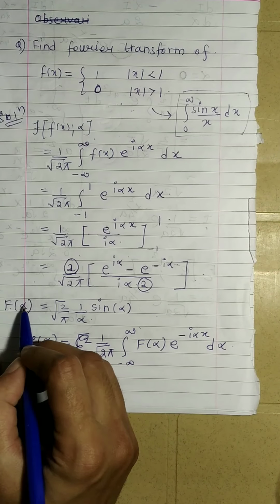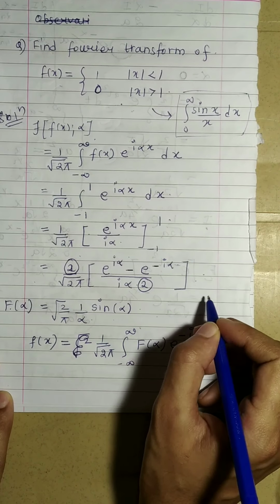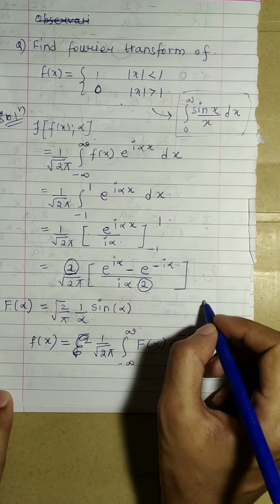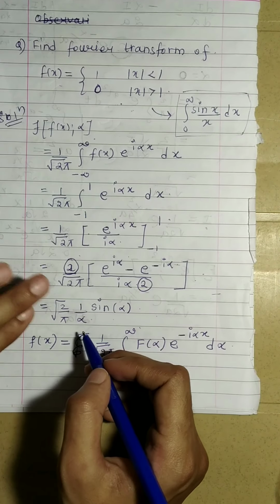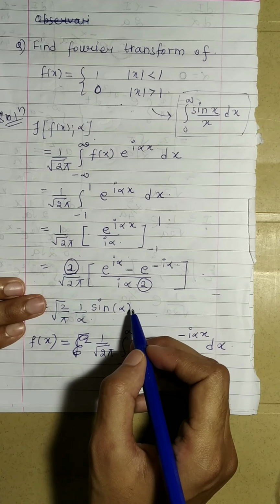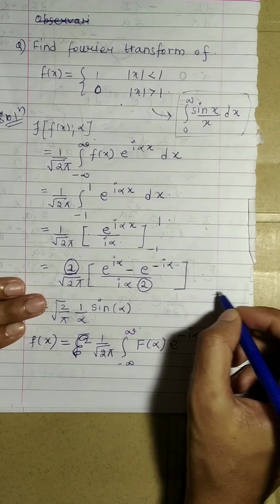See here, f of alpha is equal to this, and if alpha is equal to 0, then the value will be root of 2 by pi. If alpha is 0, then you find the limit as alpha goes to 0. For this, the answer will be root of 2 by pi.